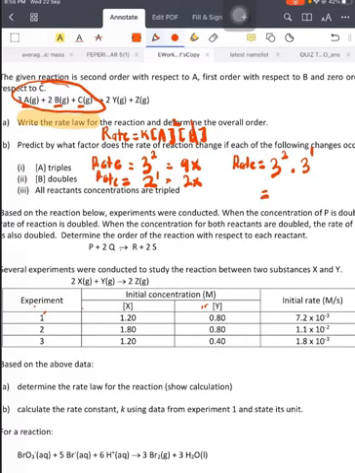So in total, 9 times 3, which is 27. So it is equivalent to the rate of reaction increasing by a factor of 27. Okay, is that clear?